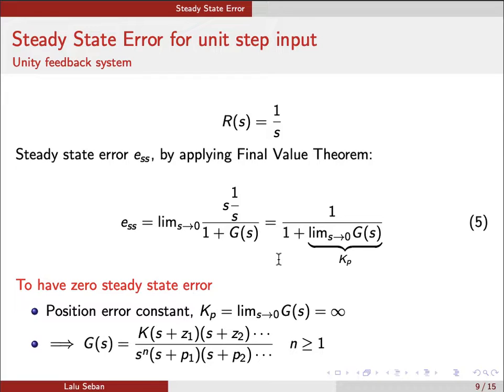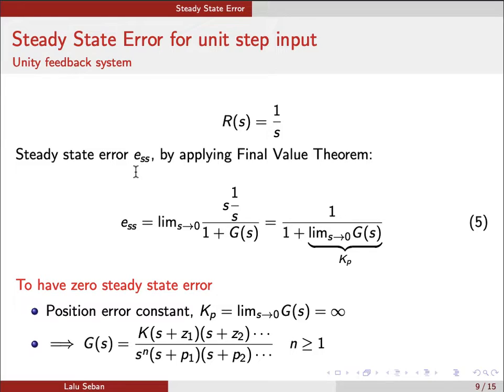Step input is a constant position once it changes from one position to another position, and thus are useful in determining the ability of the control system to position itself with respect to a stationary target. The Laplace transform of unit step input is 1 by s.